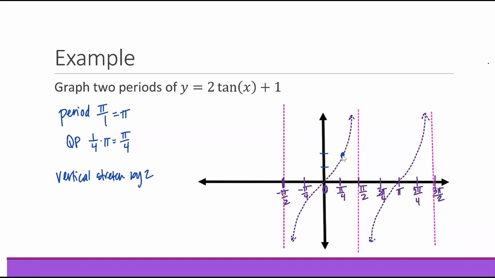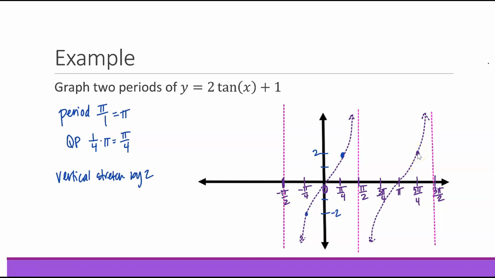So the halfway point is up here at pi over 4, 2, and then down here at negative pi over 4, kind of missed, didn't it? Let's see if I can erase that and make it go through there nicely. So we'll have it go through here and here. All right, so negative pi over 4, negative 2. And the same thing applies over here.